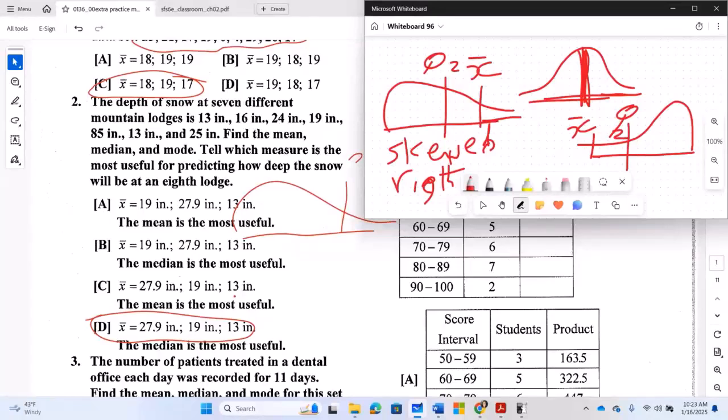Whenever the data is skewed either right or left, you make a decision with the median. But when the data is not skewed, it's bell-shaped, then you make a decision with the mean.